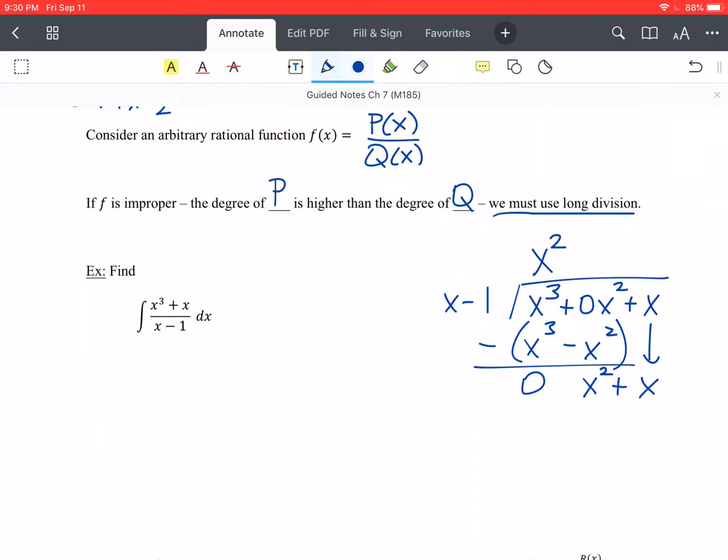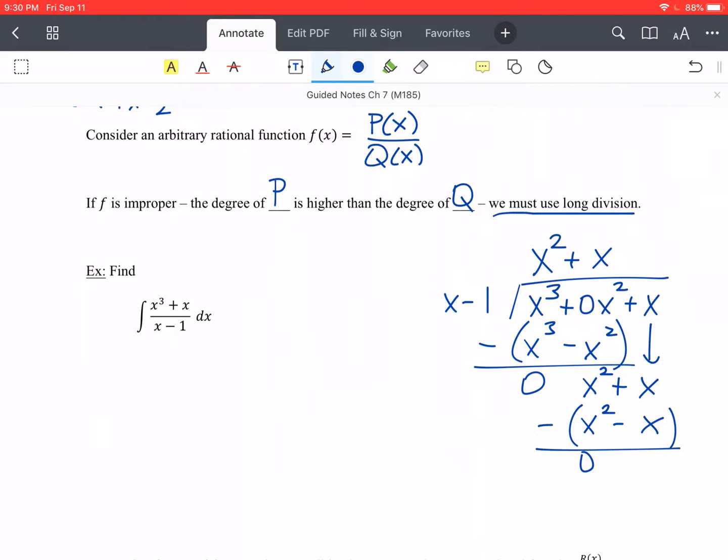Okay, and then repeat the process again. So the leading term here goes into this one, so x squared over x is just x. And then do the same thing. Multiply this by the x minus 1. That's going to give us x squared minus x, and then subtract.